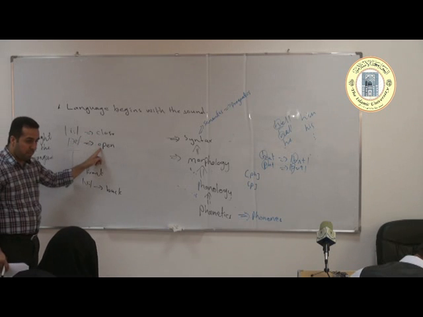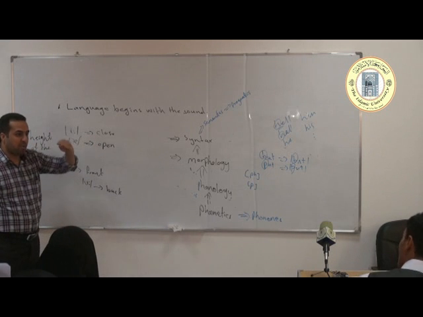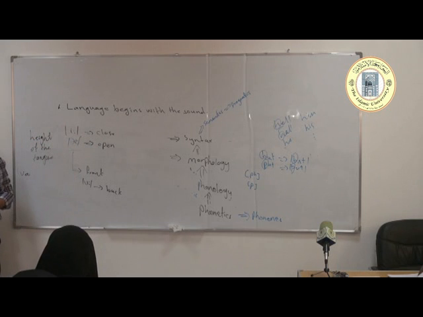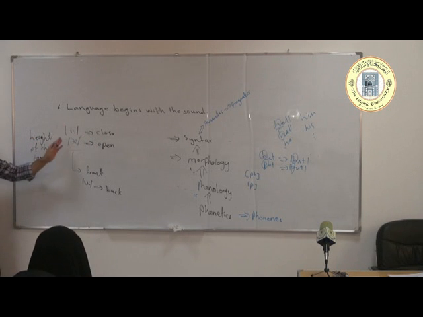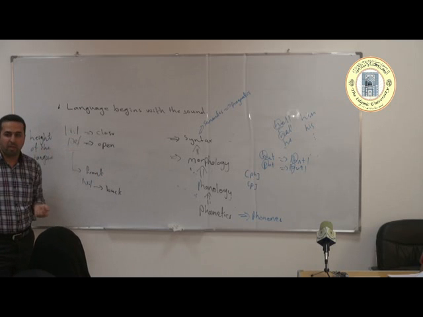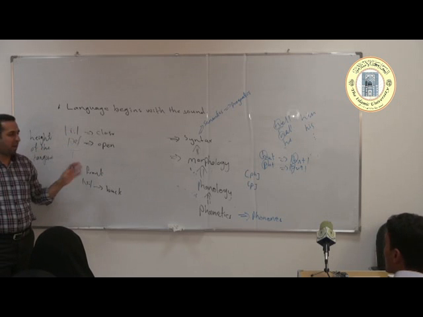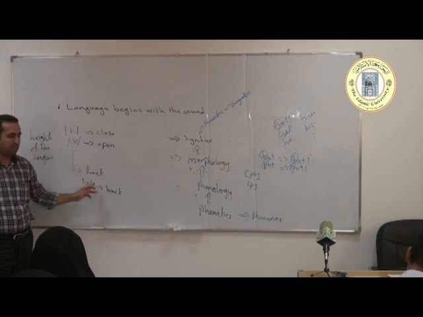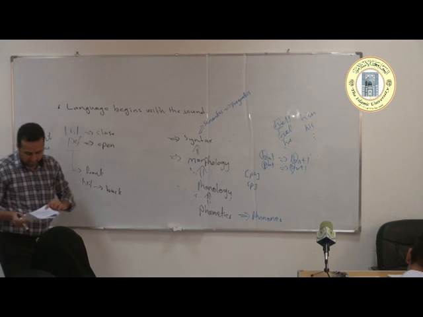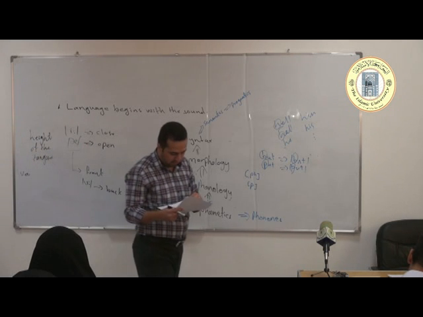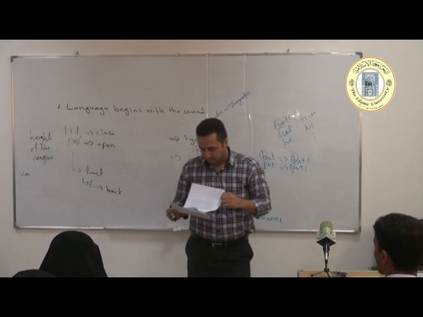Whether close or open. يعني اعطيكم اصوات واقول لكم according to the height and to the place. قل لي هذا مثلا close or open. مجرد ما تلفظه راح تعرف تلقائيا close لو open، front or back. It is not difficult actually.